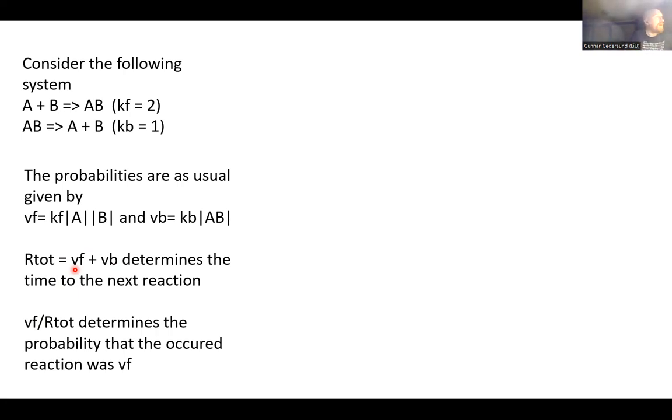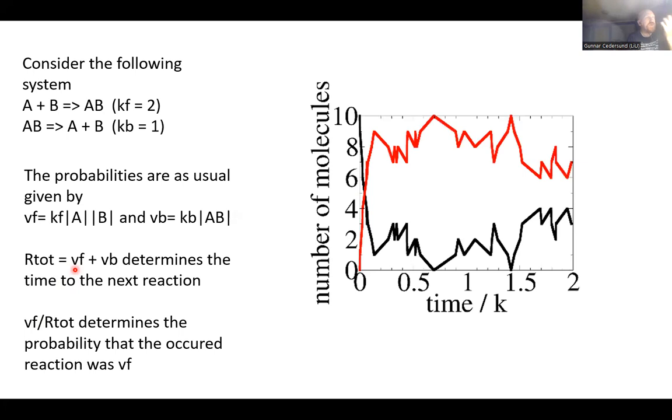So I hope this makes sense. You don't need to know very many details, but I just want to give you a feeling for what this looks like. Here you can see the individual steps, and you see that there are sometimes very short steps.